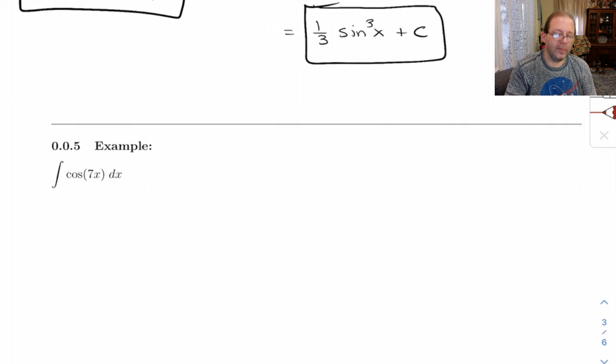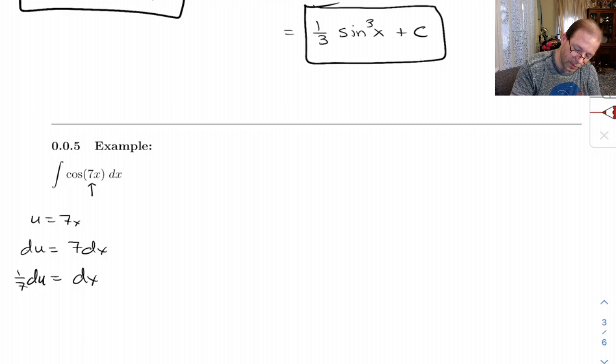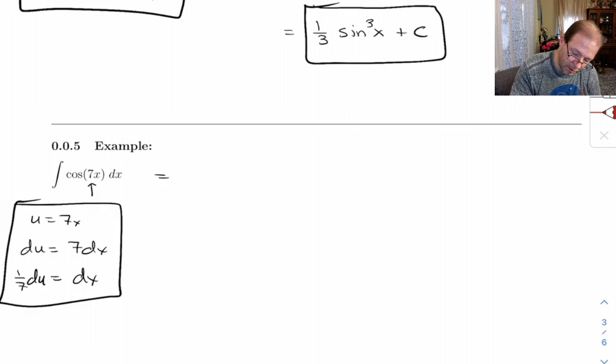All right, example 5. In this case, my u is going to be 7x. So du is going to be 7 dx. So dx is 1/7 du. So what do I get here?